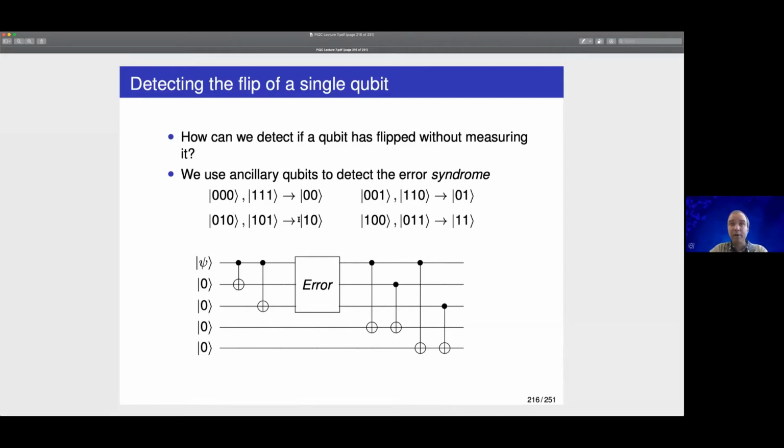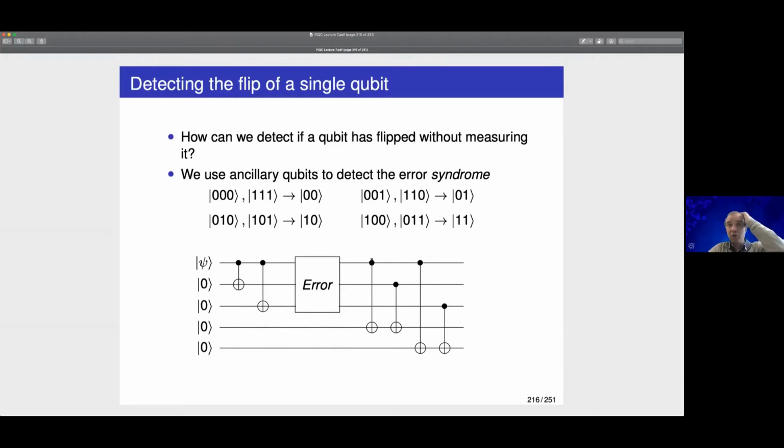So what we do here with, for instance, this first part of the circuit is to compare the first qubit and the second qubit. We use an ancillary qubit in order to see whether these two qubits are equal or not. So what we do here is to flip this ancillary qubit conditionally on the value of this first qubit, and we also flip it again conditionally on the value of the second qubit.